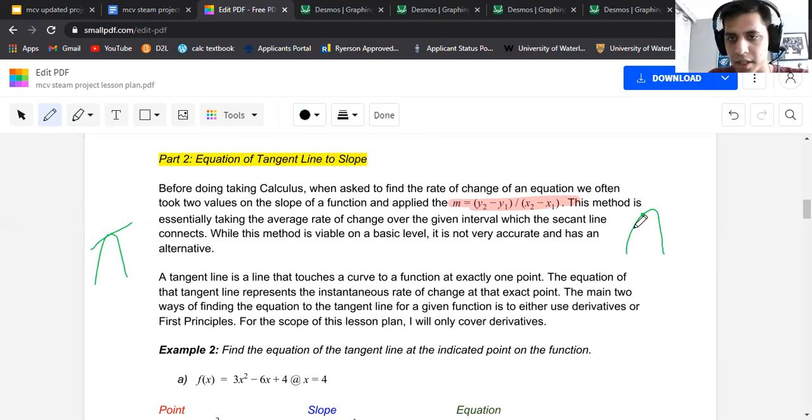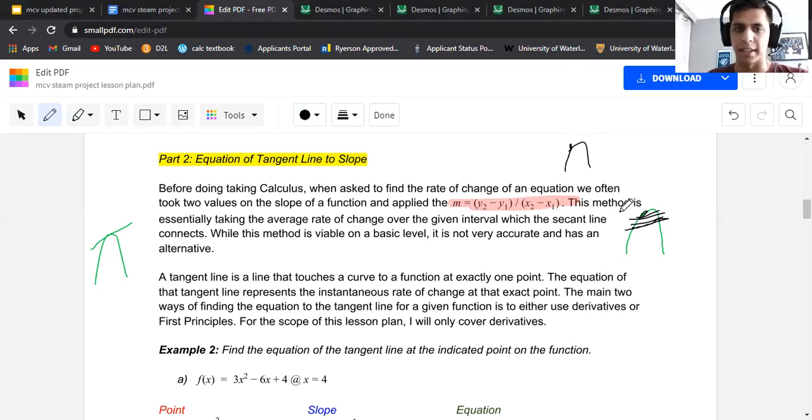We would have the point in the middle and calculate the slope closer and closer and closer until we finally find a point that marks the average rate of change. So it's not perfect, but it's an interval around the point that we're looking for. So that's why it's an average.